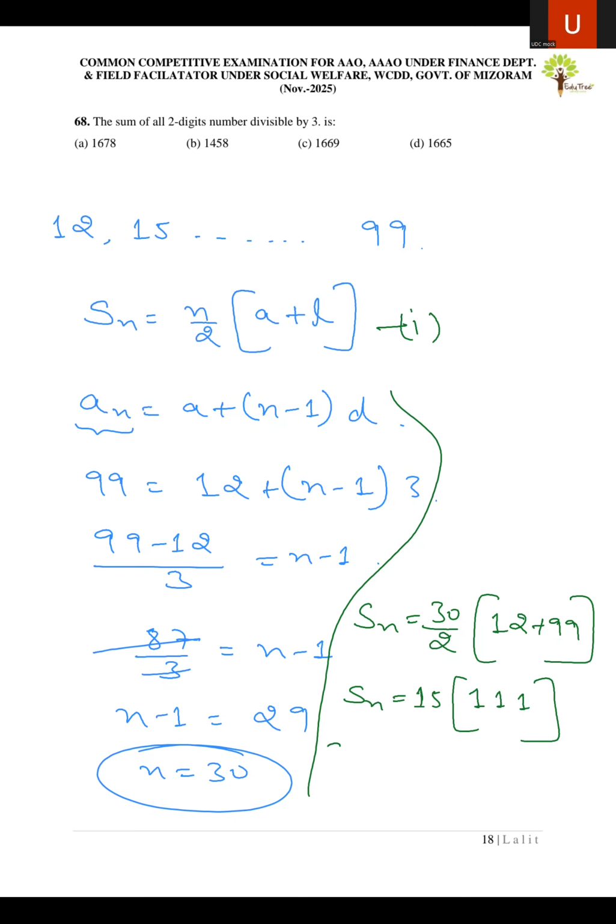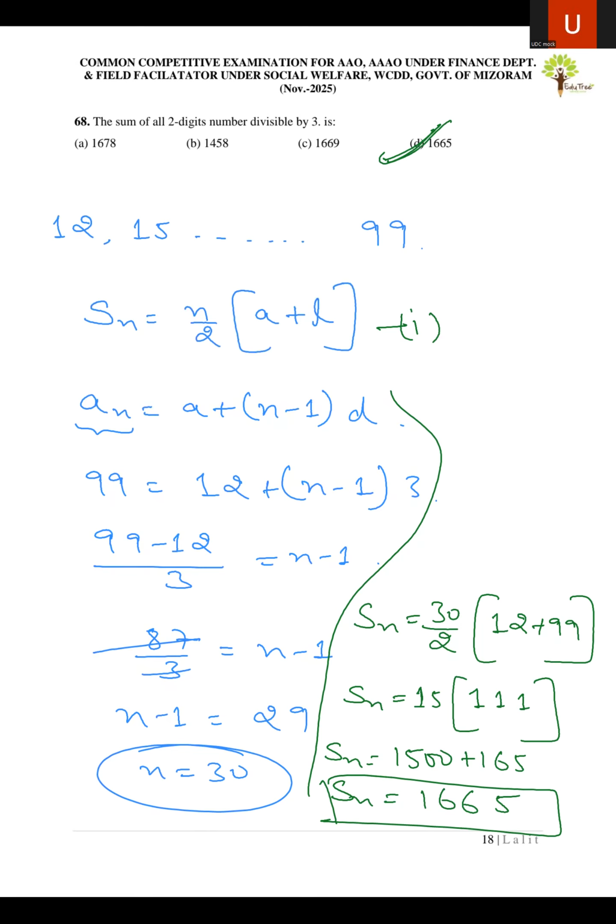Just multiply it by 100. 1500 plus 15 multiplied by 11 is 165. So this will be Sn equals 1665. This is the sum. So option number D will be the correct answer in this.